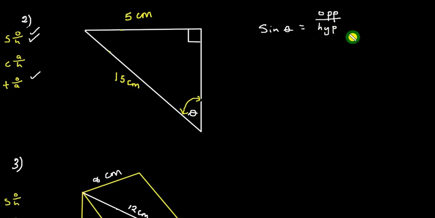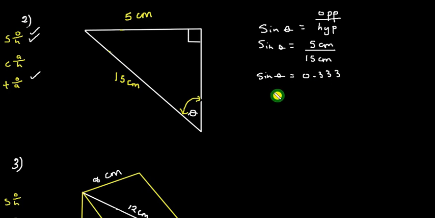And we state this, whether you're doing CSEC Math, GCSE, wherever you are, this is required. You're showing what you are using. Then the next thing we will do, we will substitute. So sine theta, the opposite side is 5 cm and the hypotenuse is 15 cm. So sine theta is equal to 0.333.